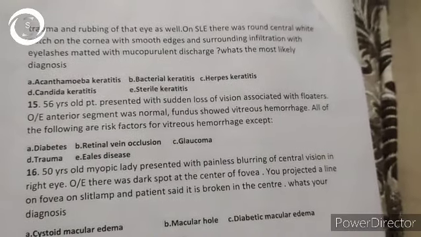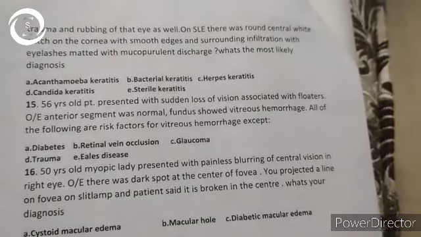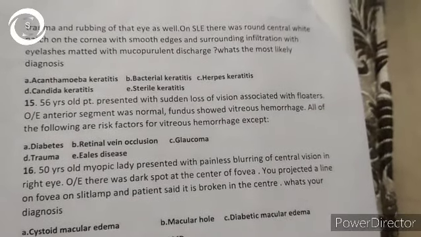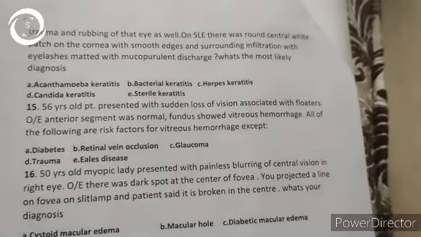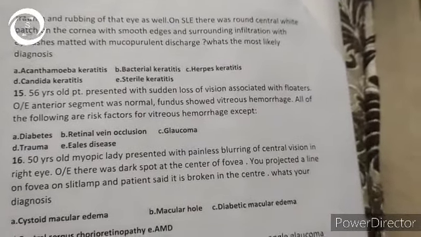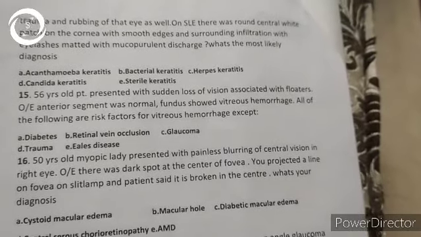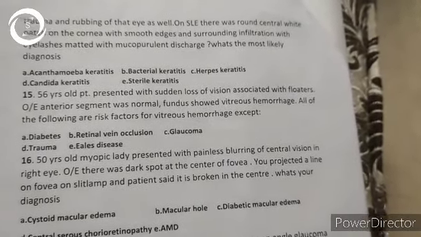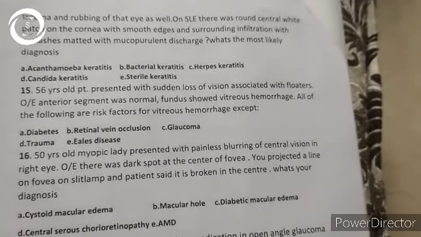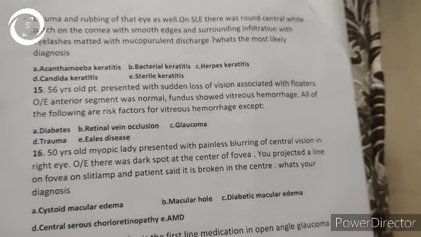In candida or fungal keratitis, there will be vegetative trauma history, pain will not be that much, and there will be hypopyon and endothelial plaques. And in sterile keratitis, it will be at the periphery, there will be rheumatoid arthritis or other joint diseases, and it will be painless.